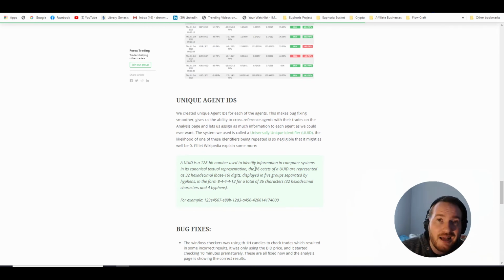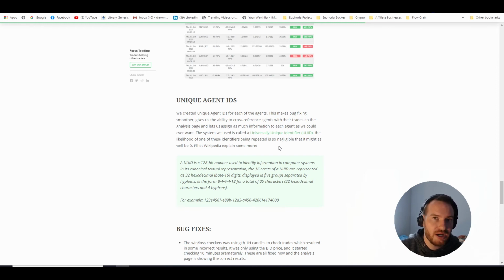Next point, last point for the article is the unique agent IDs, which allows us to associate a whole bunch of different data with an agent and not worry about that unique agent ID being created again, because we're using what's called universally unique identifiers, and they have such a low probability of repeating the same identifier that it's almost negligible, right?